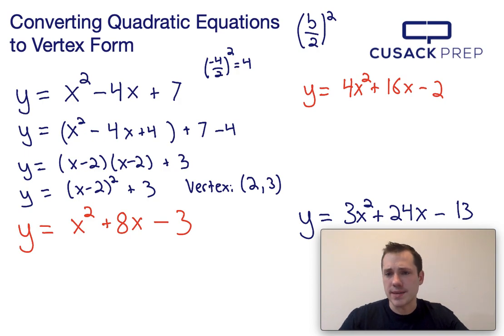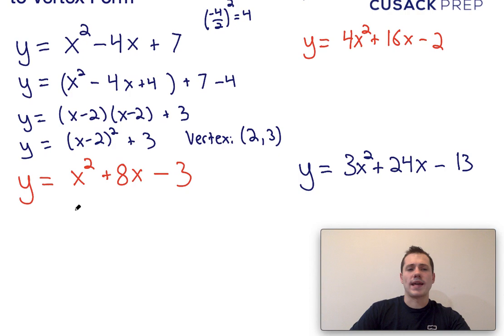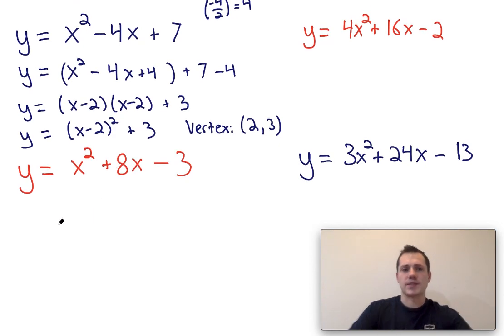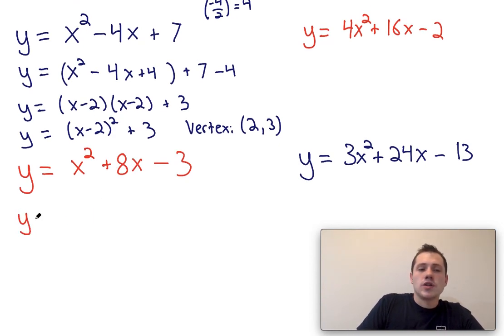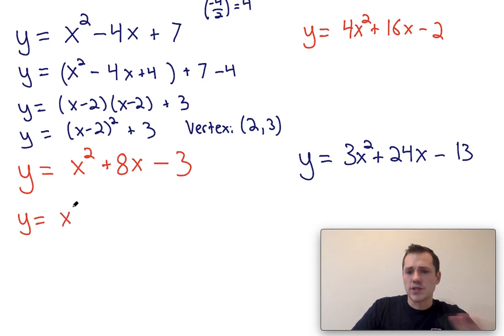Let's take a look at another example. This example is y equals x squared plus 8x minus 3. I'm going to do the exact same thing as last time. Go ahead and pause the video and try it yourself, then resume it to see if you're able to get it right. So we have x squared plus 8x.